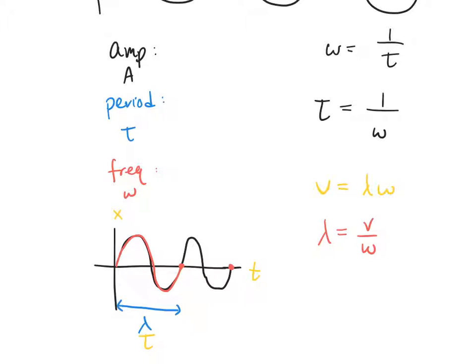And that's the reason that you have this indirect variation here and here. Both wavelength and period are indirectly related to the frequency. The more frequency, the lower the period.